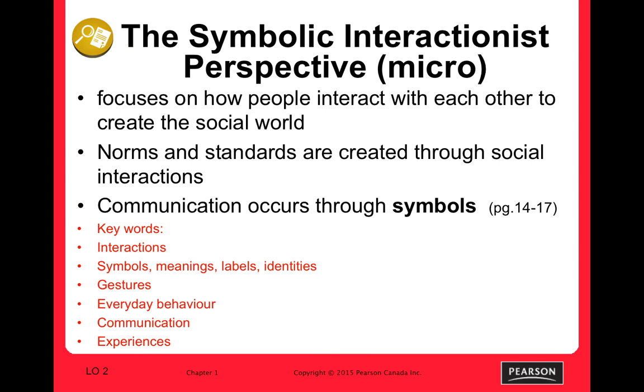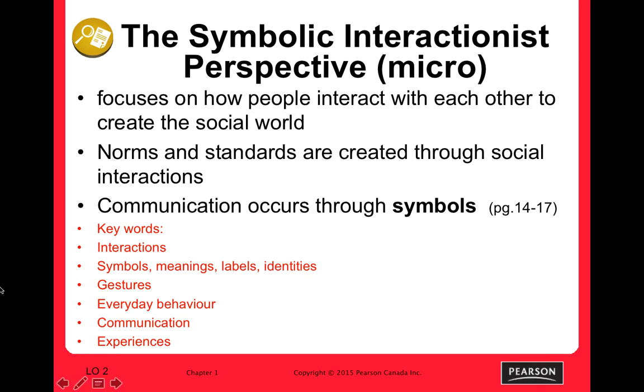And really looking at how all of our communication occurs through symbols. The words that you see on a blackboard or that you're seeing on the screen right now, these are just symbols. They're just squiggles. We give them meaning. The words that you're hearing right now are just sounds, but you give them meaning, and we give it meaning through language. So that's, again, just a small contribution with the symbolic interactionist perspective.